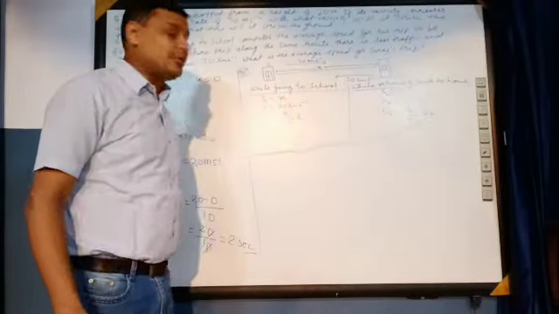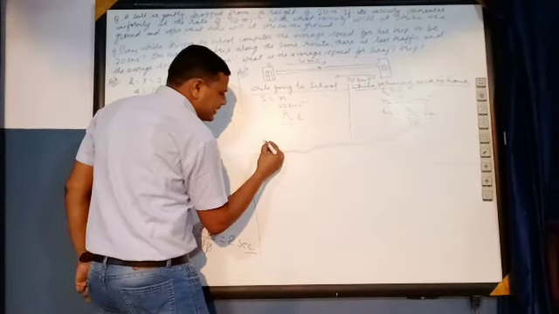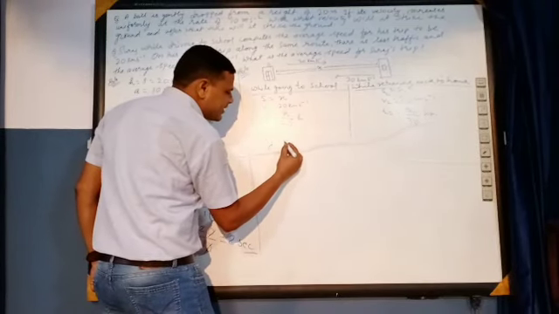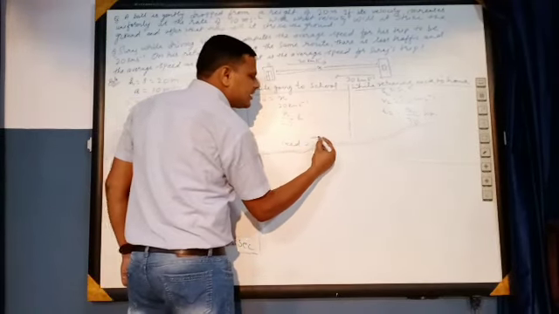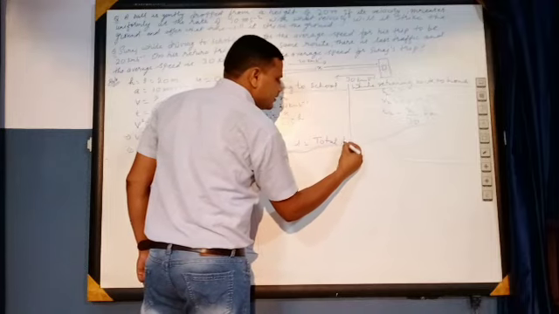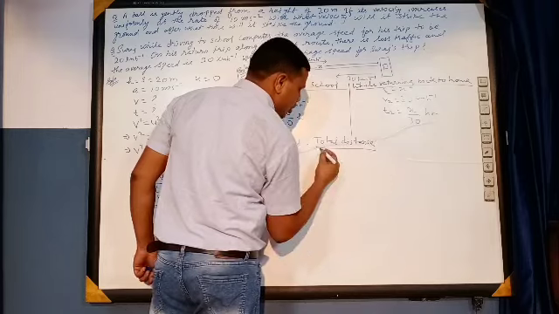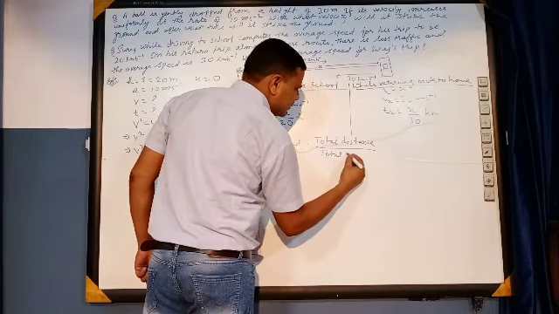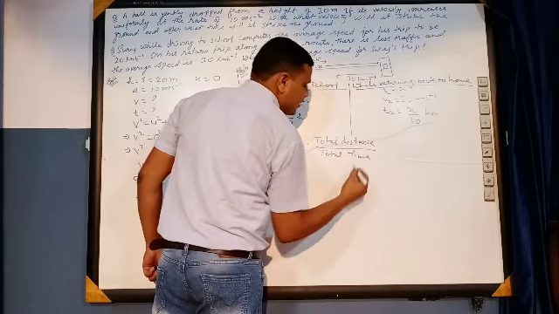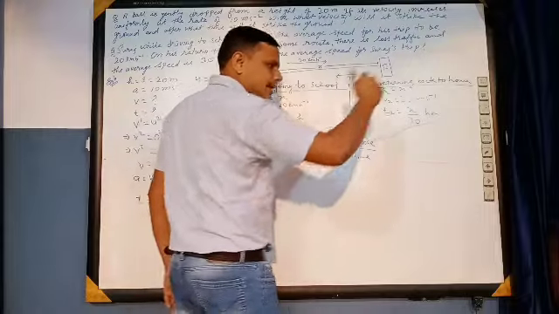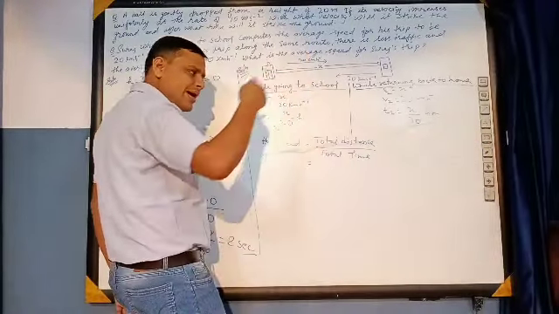Now, what you have to calculate? What is the average speed for the Suraj trip? So average speed means total distance traveled by a body upon total time. Total distance upon total time. Here we have total distance x while going, x distance while coming.